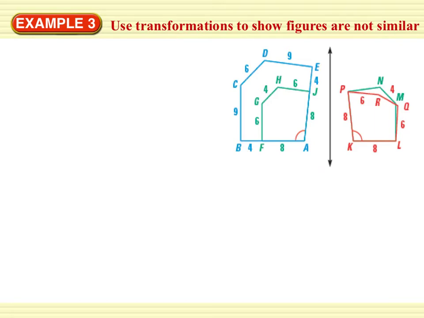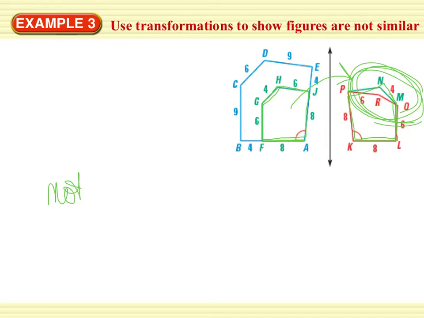Okay, if you see here, I have polygon A, F, G, H, J, and that reflected to K, L, M, and P. Okay, you can see here that the polygons are not congruent.